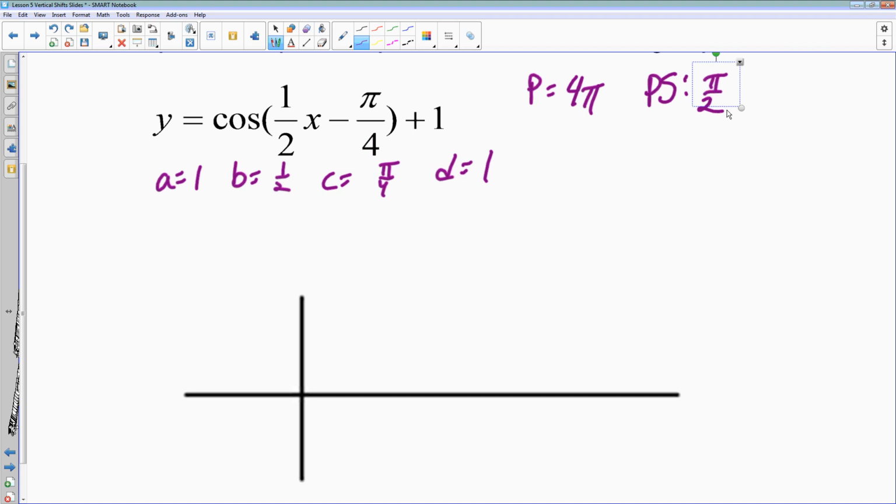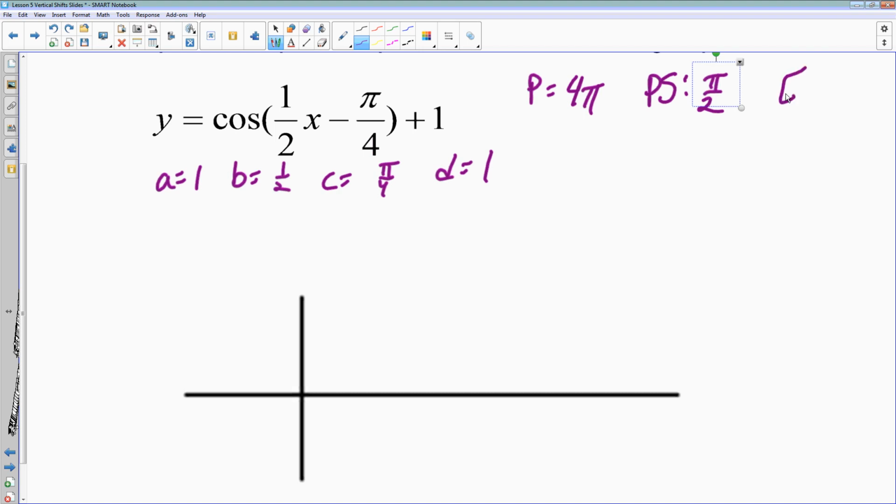If I add 2 pi to pi over 2, sorry, I'm adding not 2 pi, I'm adding 4 pi, I apologize. So 8 pi over 2.